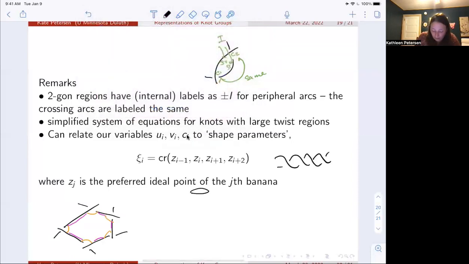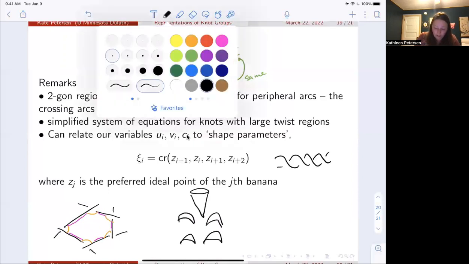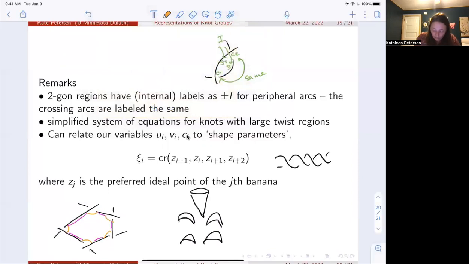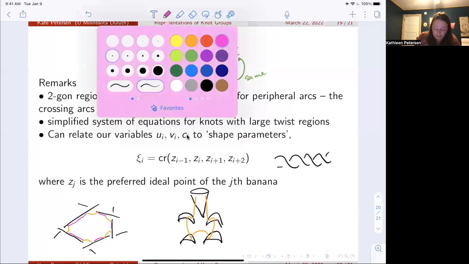So it lifts, I'm going to have 5 bananas. And please forgive me, these are going to look pretty rough. Okay, there are my 5 bananas. And my crossing pieces maybe look like this. And they're joined together by peripheral pieces.